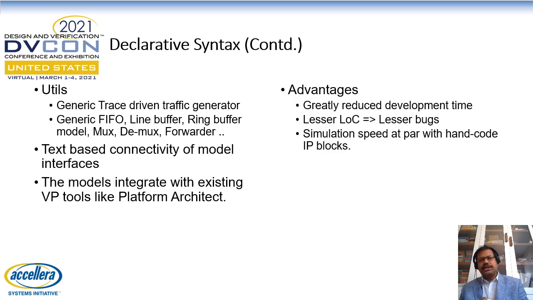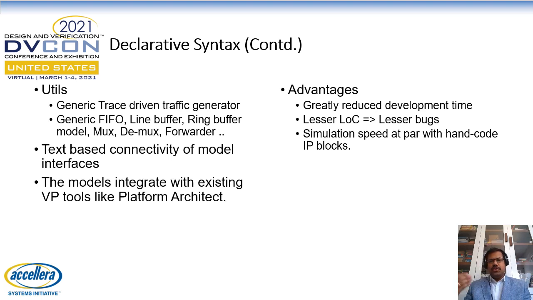So what are the advantages of such a syntax? One of the main advantages that we have seen is a greatly reduced development time. Once the functional core is available, you can quickly write a declarative syntax and bring up the corresponding SystemC IP block for that particular functionality.